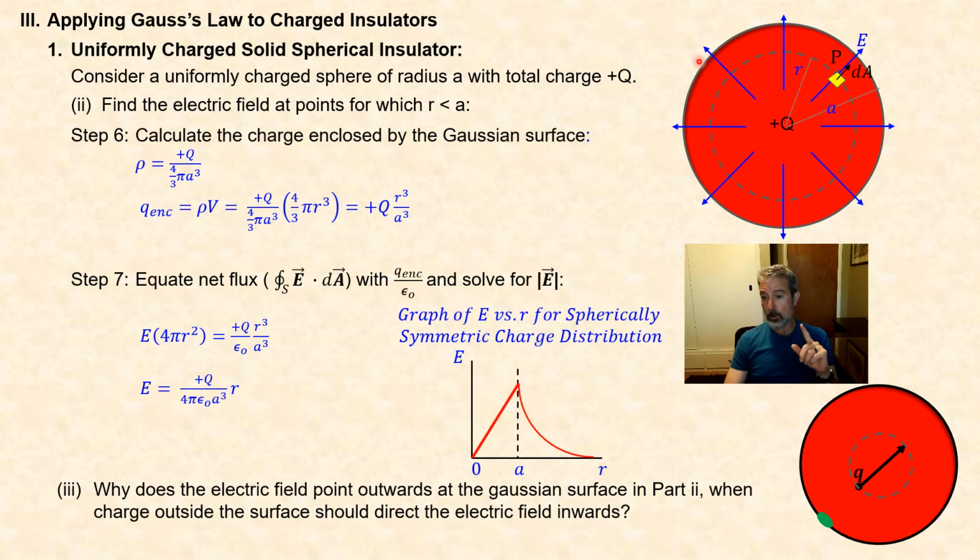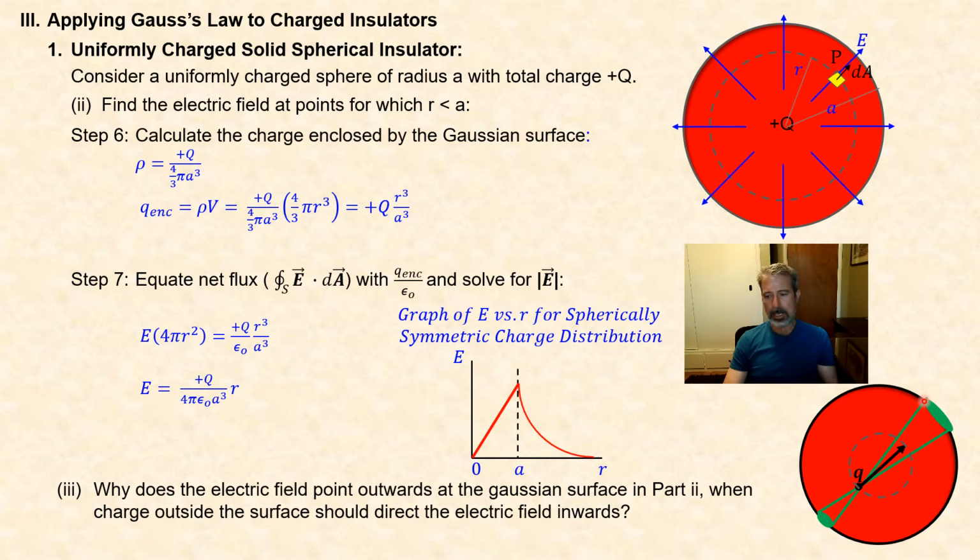But that's inwards, which is not what we drew in the picture. But here's the thing: for every bit of charge that is on this side of the field point where I put my little test charge, there is going to be an element of charge on the opposite side of the sphere that is going to make a contribution to the field.